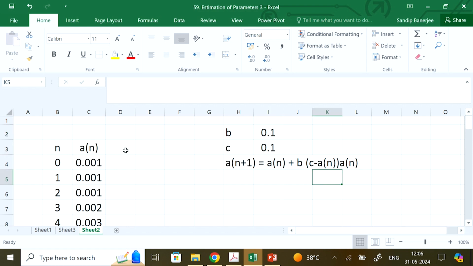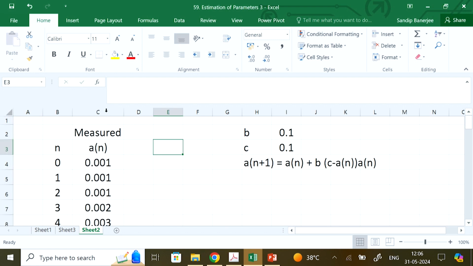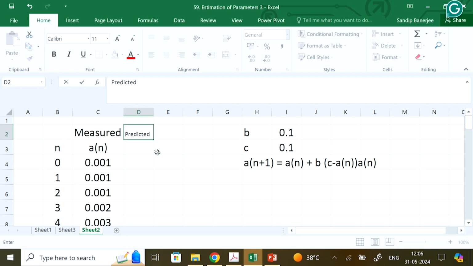So the first thing is, this is the measured AN. You got the growth data from some experiment. And now the predicted AN.